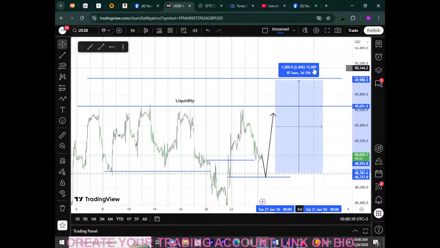But the real pips are 1200. So USD has the potential to go 1200 pips just this week. And we have set our timer.